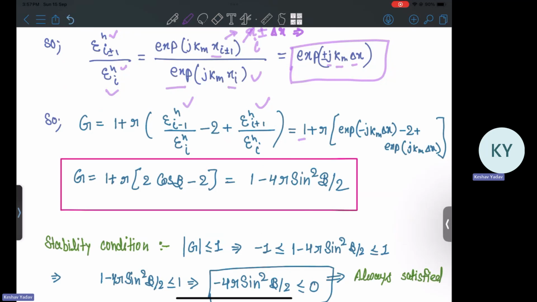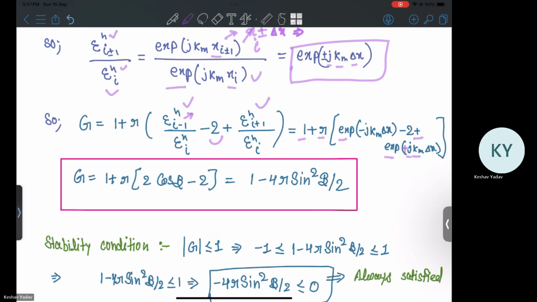So it will be 1 plus r exponential of minus j km delta x minus 2 plus exponential of plus j km delta x.